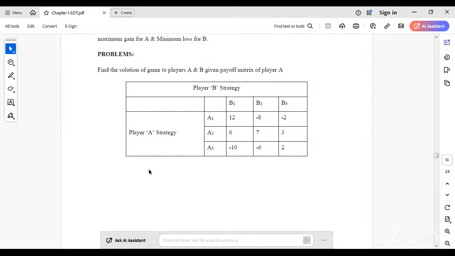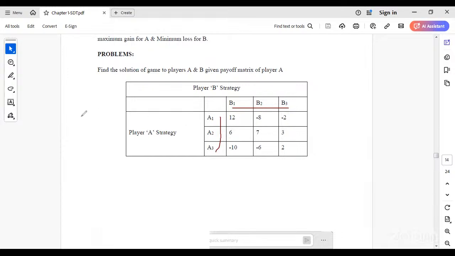Find the solution to the game. For a game given to players A and B, the payoff matrix of player A is given. Player B strategy, player A strategy: B1, B2, B3, A1, A2, A3.